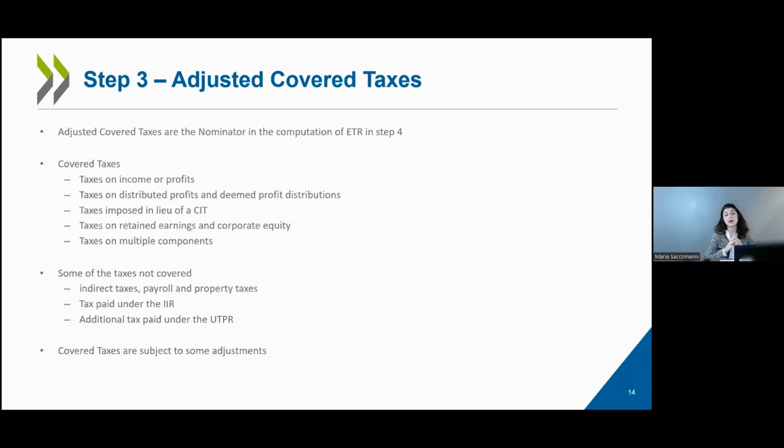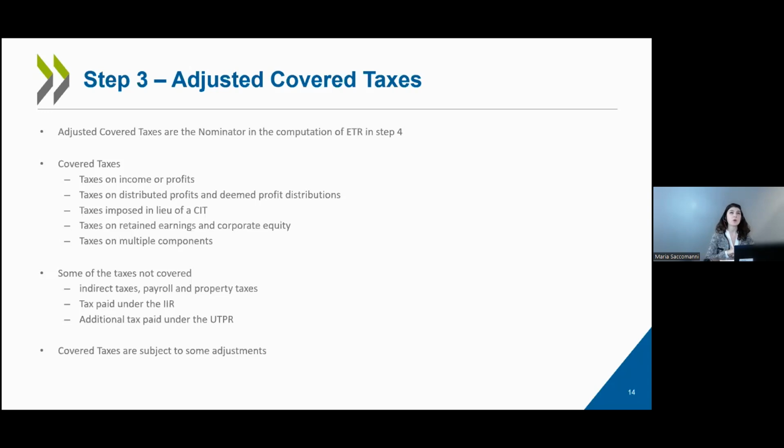Once identified the current tax expense accrued in the tax line and the deferred tax amount, then a specific adjustment shall be done. So now let's focus on the current tax expense and its adjustment, and then we will consider the one of the deferred taxes.